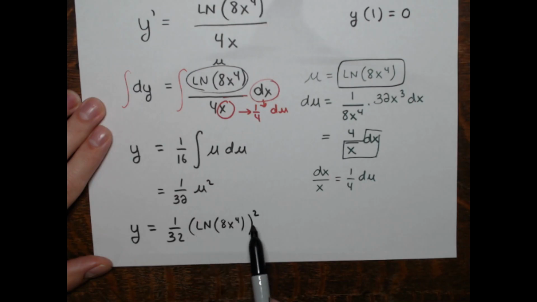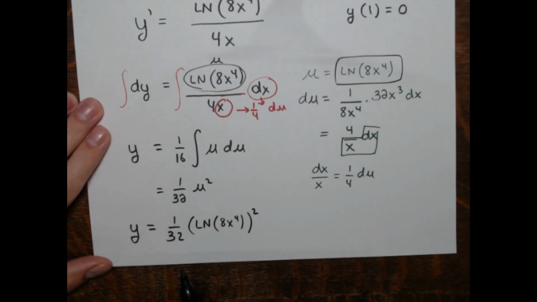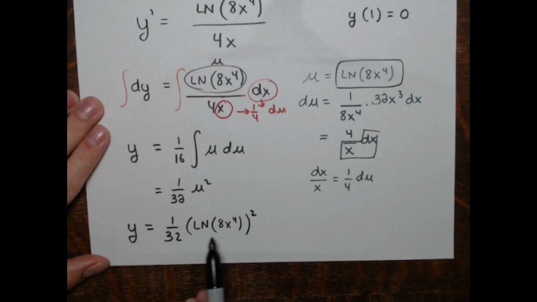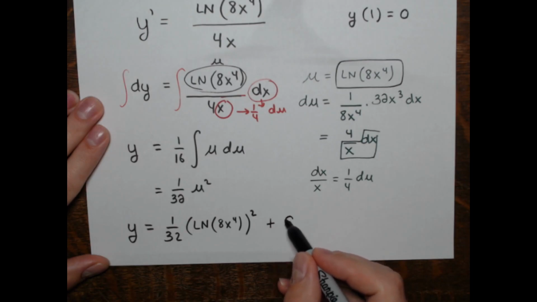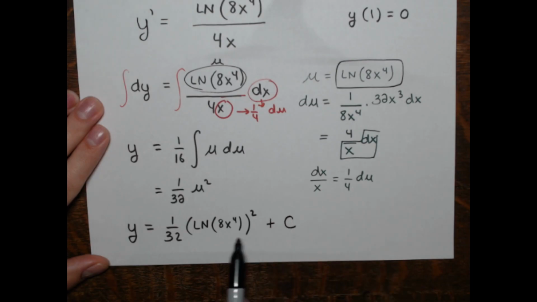So you may have to put the parentheses around the log like this with the square outside. It accepts it with the trig functions, right? If you got sine squared, cosine squared, tangent squared, it'll take those. But with the logs, I'm not quite certain if it actually takes them. We could type it in and see, but I'm just going to be safe and leave it like this. And then plus some constant. Don't forget, y is this plus some constant.